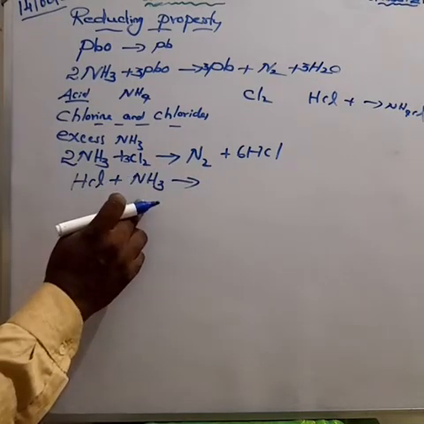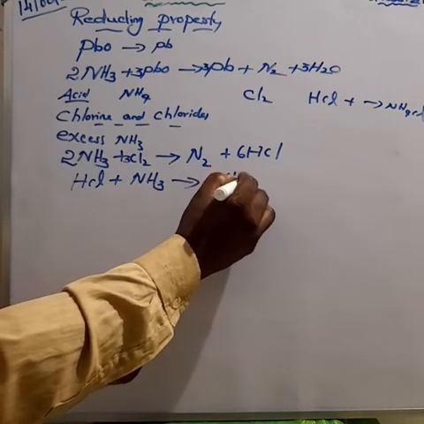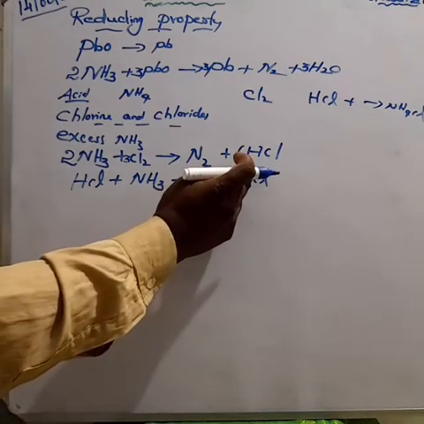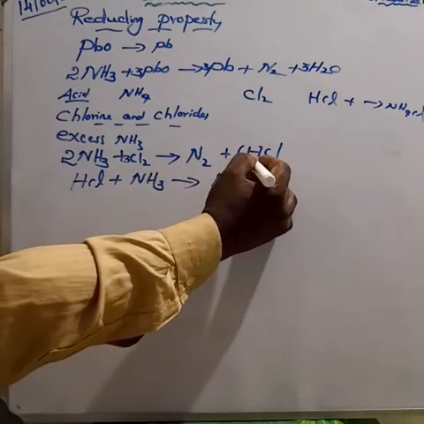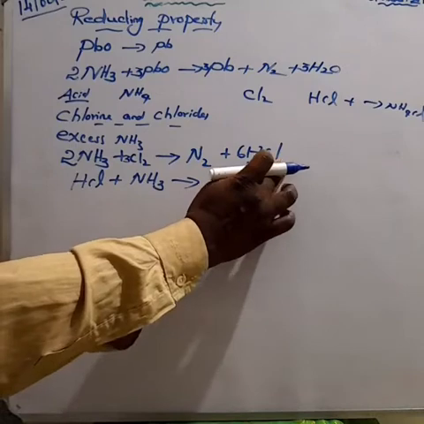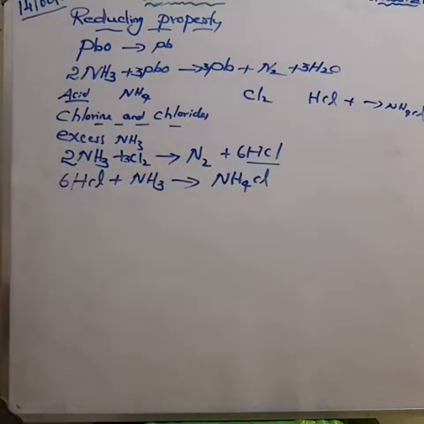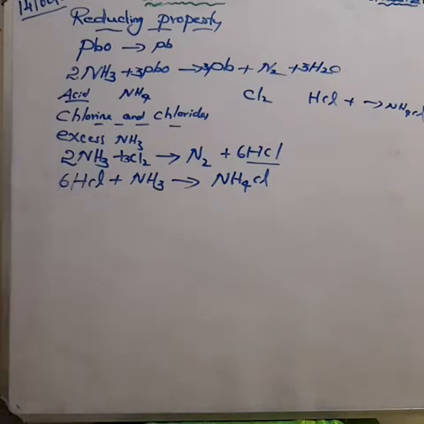Hydrochloric acid, HCl, reacts with ammonia, NH3, and we get ammonium chloride, NH4Cl. As per the previous equation, we get 6 molecules of HCl, so we write the same 6 molecules here. We have to balance how the reaction is going.